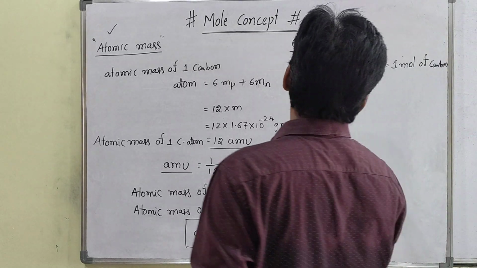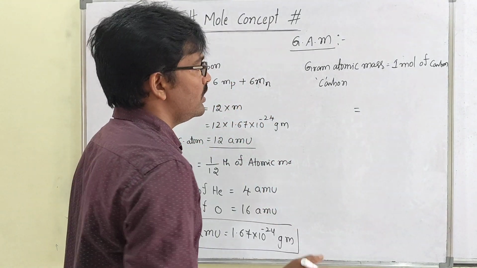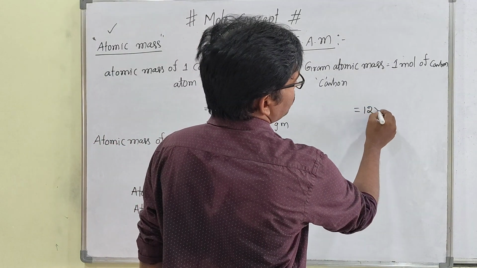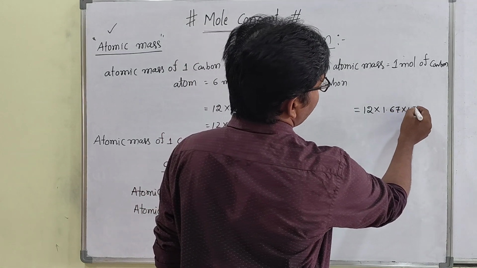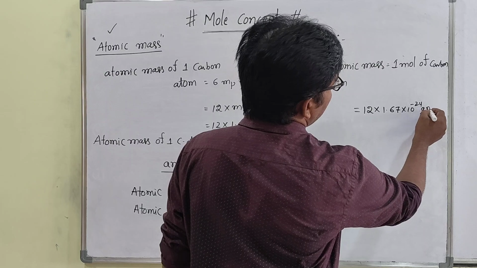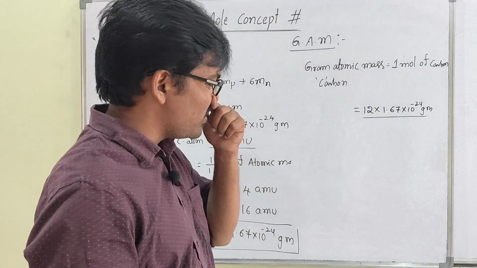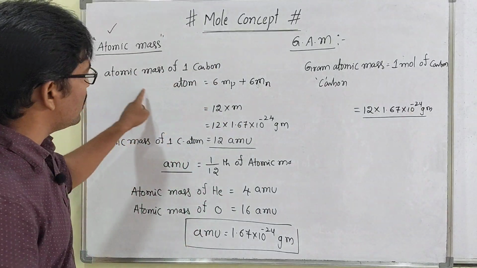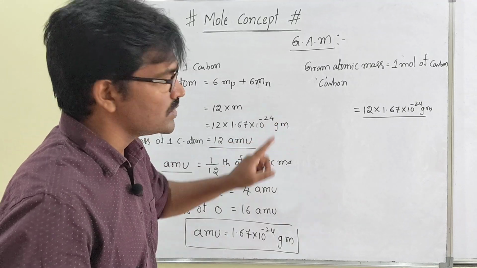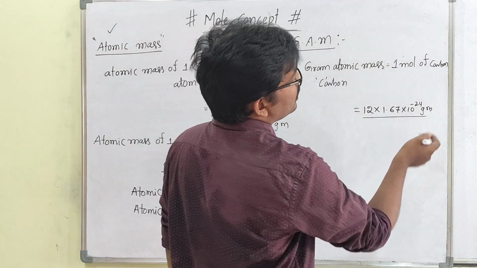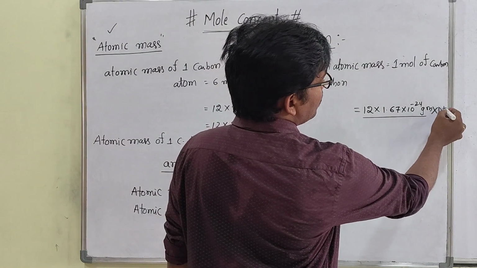So how do we take the mass of 1 mole of carbon? 1 atom of carbon is 12 into 1 atomic mass unit, 1.67 into 10 to the power of minus 24 grams. This is only 1 carbon atom's atomic mass, right or not? So only 1 carbon atom's atomic mass is 12 into 1.67 into 10 to the power of minus 24 grams. Sir, but we need Avogadro number of particles. So for Avogadro number of atoms, multiply with Avogadro number.